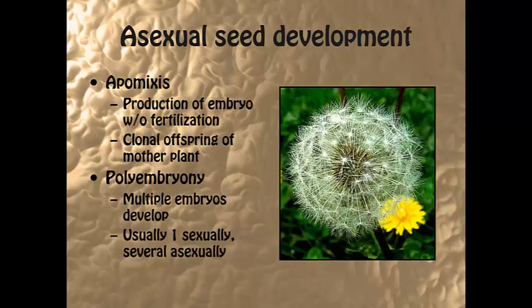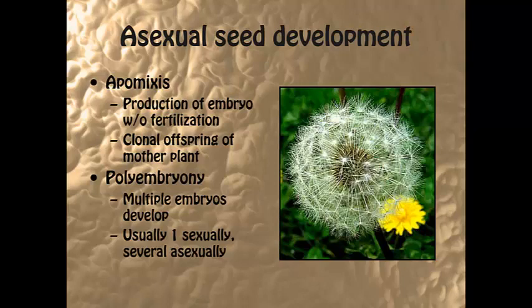So that's apomixis, and one example of a plant that does apomixis is the one pictured here, dandelions. They are very apomictic. They produce apomictic seed or asexual seed all the time. The second term there, polyembryony, is when you actually have multiple embryos developing in the same seed. So usually you just have one embryo per seed, one baby plant per seed.